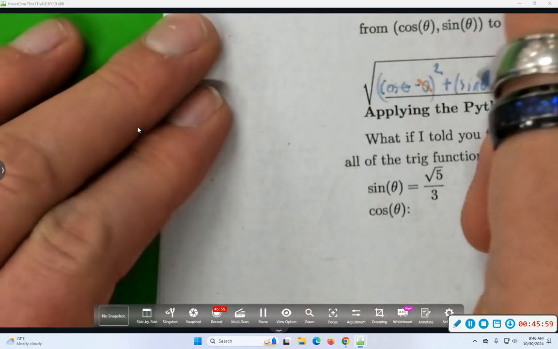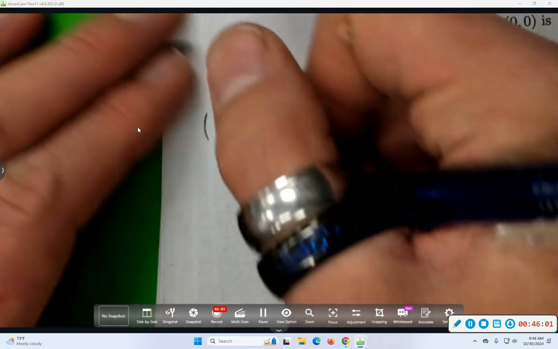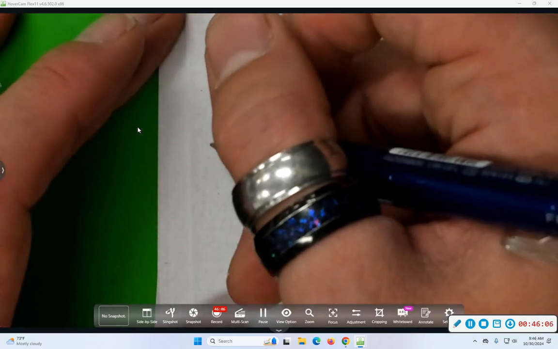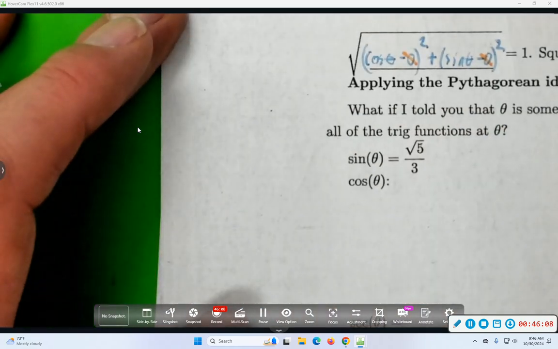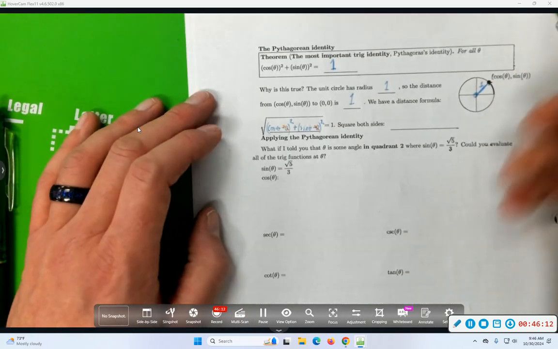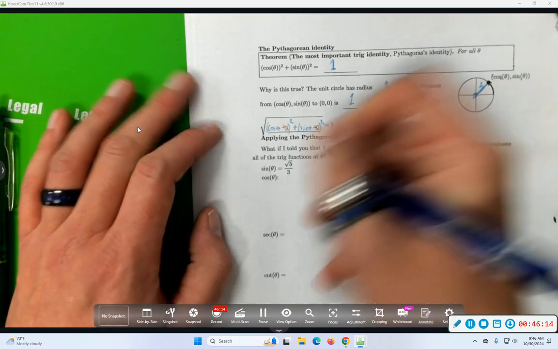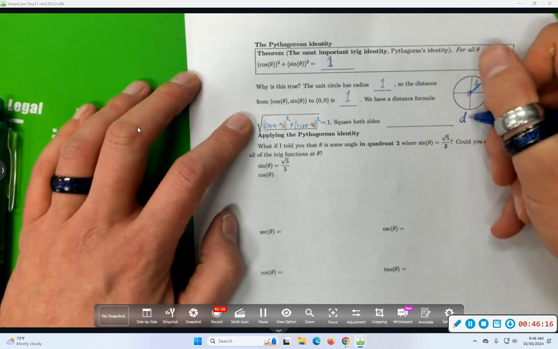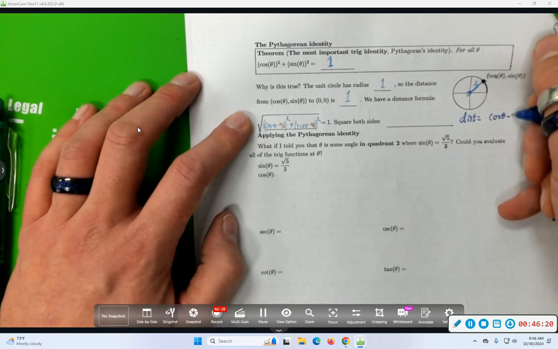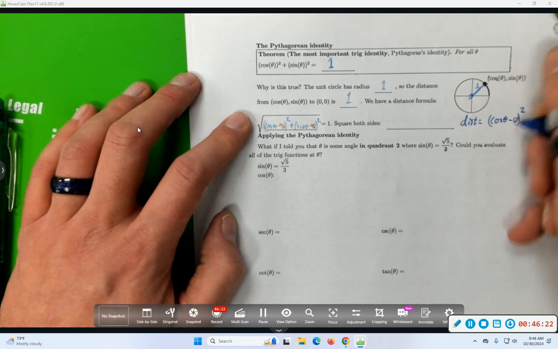So, what's the formula for distance? It's compute the difference between the x coordinates. So, in this circle diagram, that was, I'm just going to write it bigger, cosine of theta minus 0. So this distance is cosine theta minus 0, and then you square it.